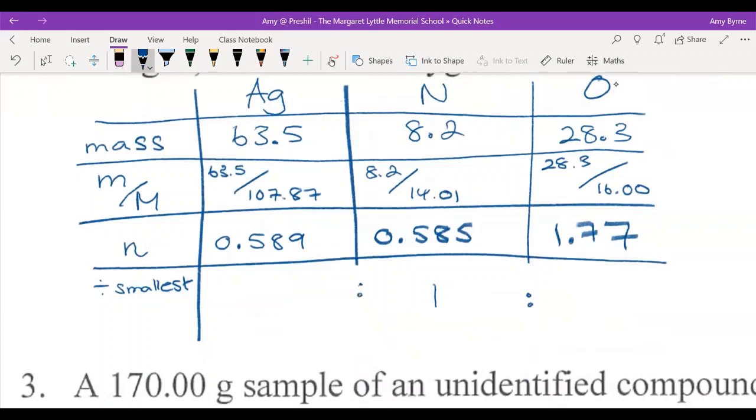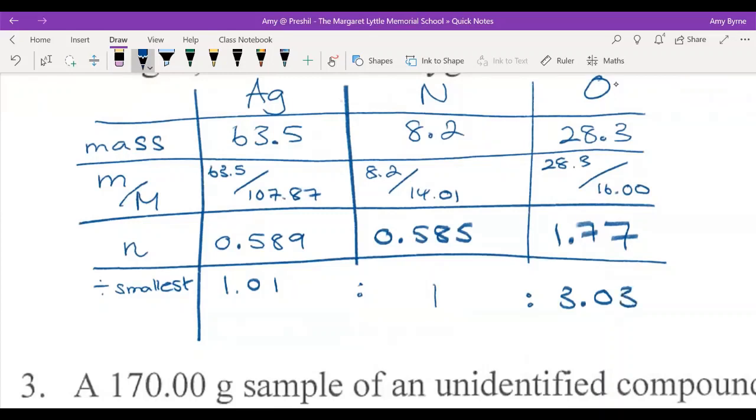So 0.589 divided by 0.585 gives me 1.01, and then 1.77 divided by 0.585 gives me 3.03.